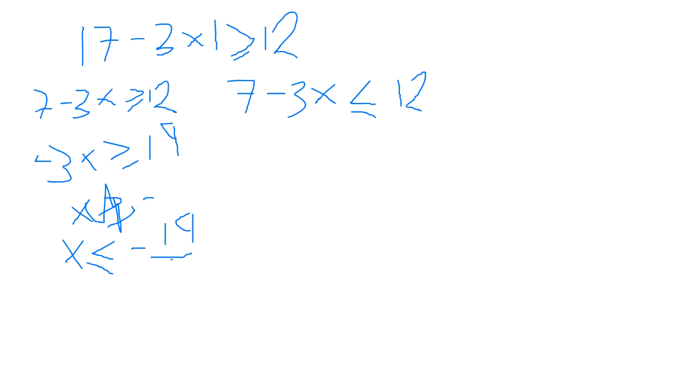Yes, this 7 will come here. Oh, it's subtraction, so it's supposed to be 5. Sorry. So we are going to have x less than or equal to minus 5 over 3.